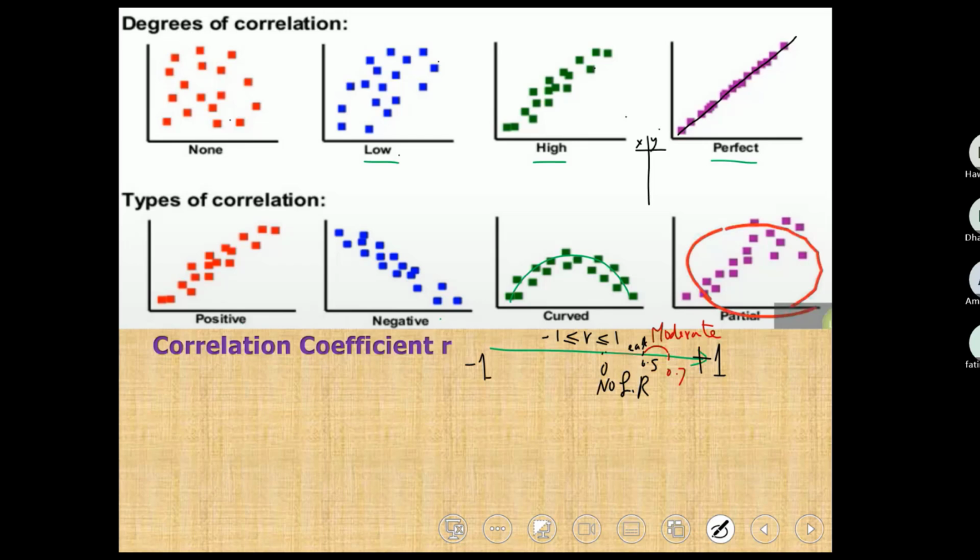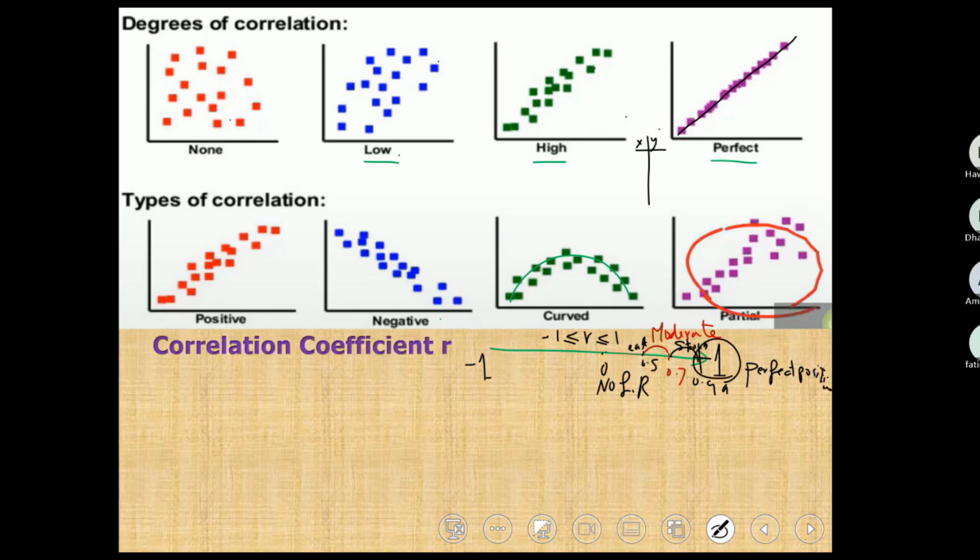But if you exceed 0.7 up to 0.999, you call it strong. If you reach exactly positive 1, you say perfect positive.